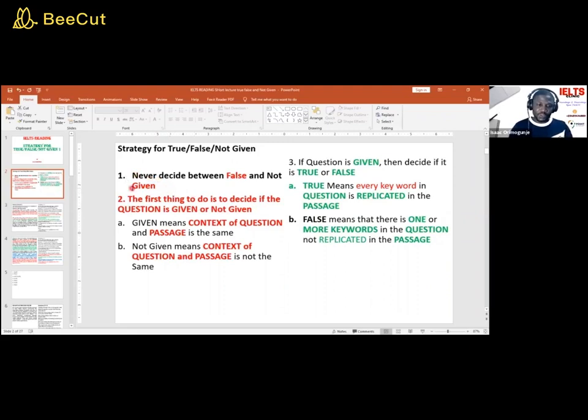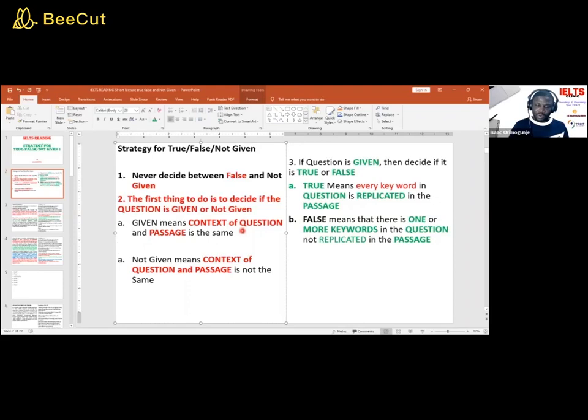I know that in IELTS there's nothing like given or not given; you only have true, false, not given. But you need to first decide if something is given or not given. Given means the context of the question and the passage is the same. What do I mean?